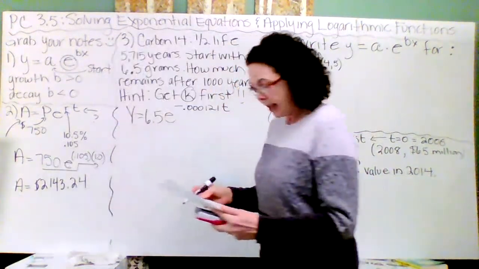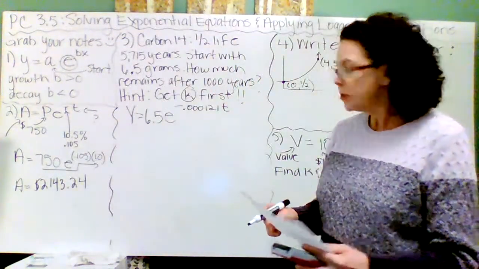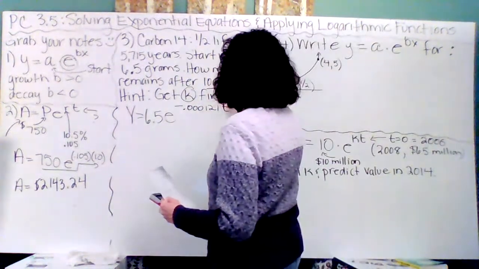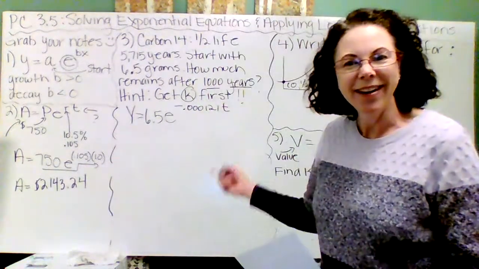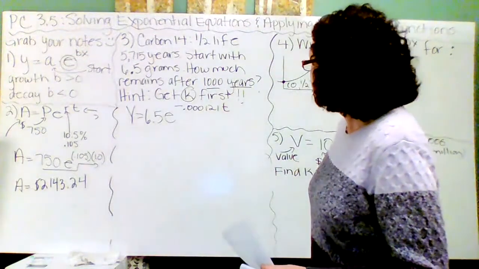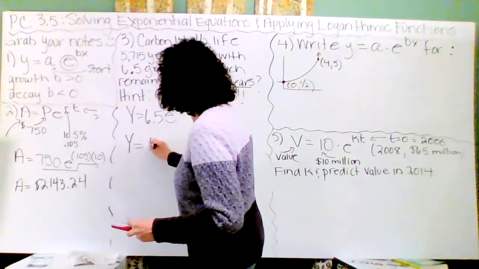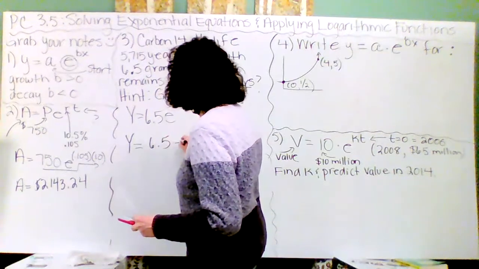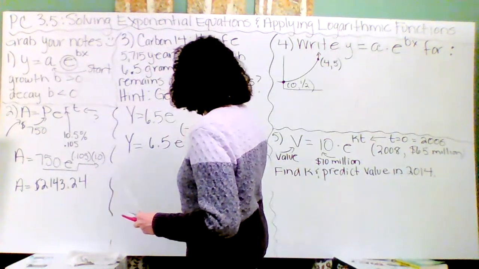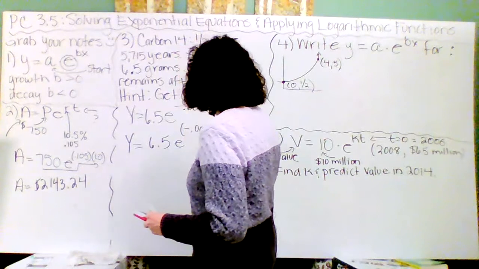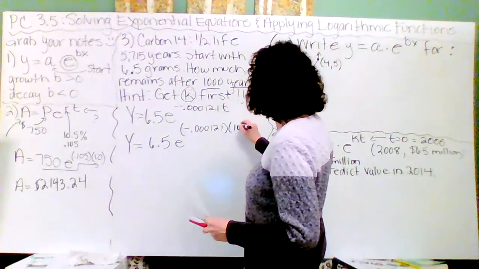Let's see, they have asked me how much remains after 1,000 years. I didn't realize I had it right on the board. How much remains after 1,000 years? Okay, so I have the output. I started with 6.5. I have e to the -0.000121, and the time is 1,000 years.